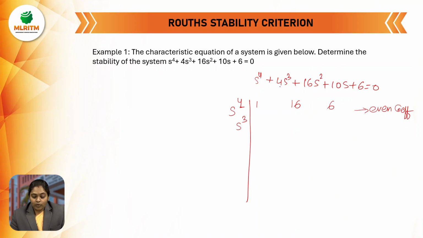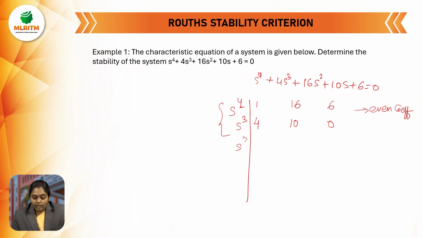Similarly, the s cube coefficient is 4, the s power 1 coefficient is 10, and this is 0. So the first two rows of the Routh array are taken from the given expression only.